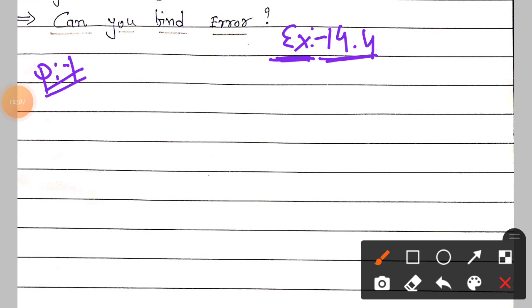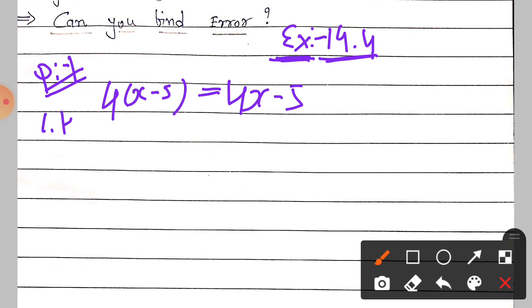In the question it is given 4 into x minus 5 is equal to 4x minus 5. So let's check if there is any error in the question or not. First we take LHS: 4 into x minus 5. All of you know this 4 is multiplied with the bracket and multiplied with this 5 also.